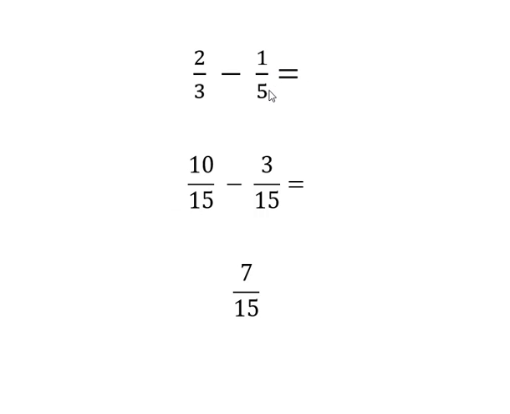And 1/5 is the same as 3 over 15 because you have to multiply 5 times 3 in order to get 15. And then if you multiplied 5 times 3, you also have to multiply 1 times 3. And here is the answer. You have 10 minus 3, which gives you 7, and 7/15 is the amount.